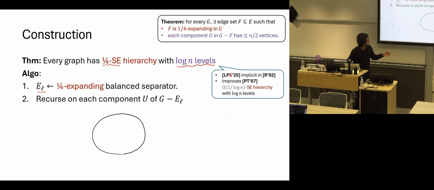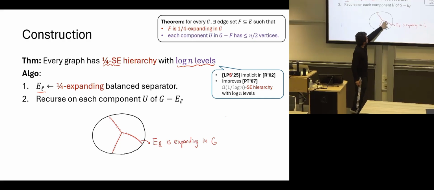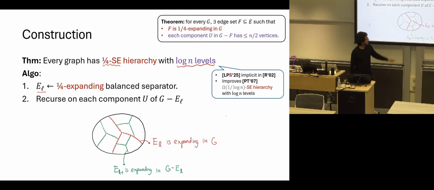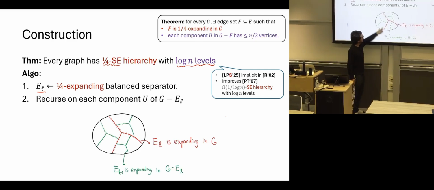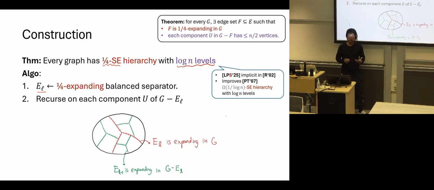So the algorithm would be: you start with the graph, you compute EL, it separates the graph into pieces, each of which is less than half, and this is expanding. And then for each component, just compute the separator in each component and call that EL-1, and so on. Do you see that this must give you a separator-expanding hierarchy?